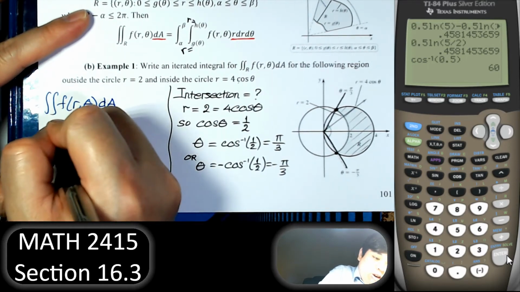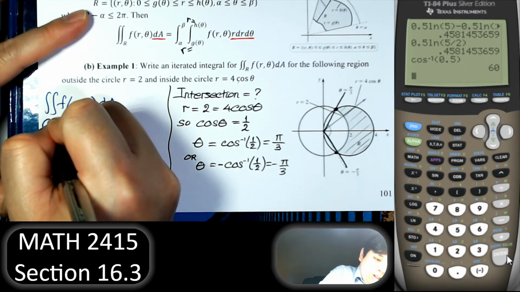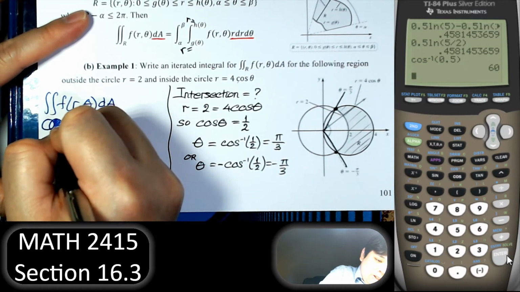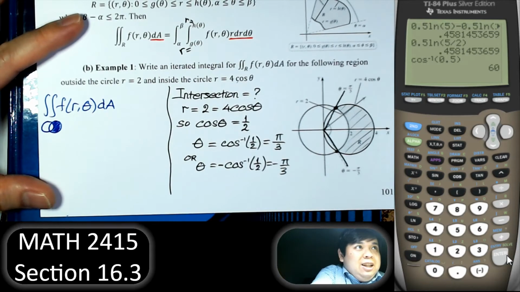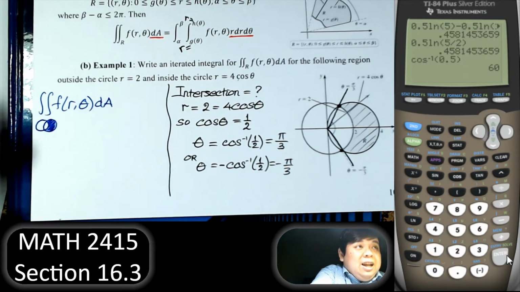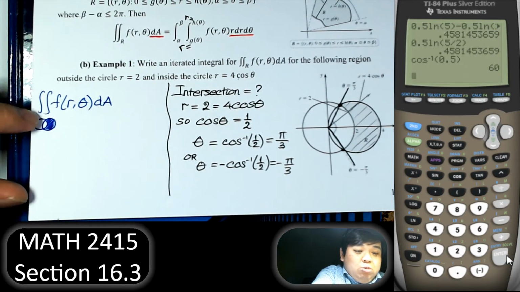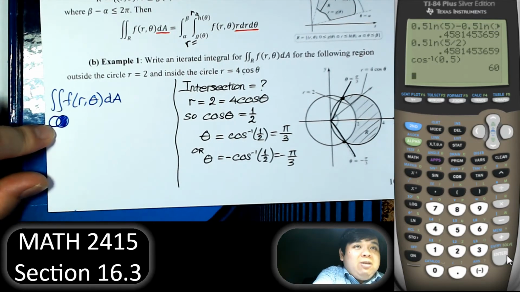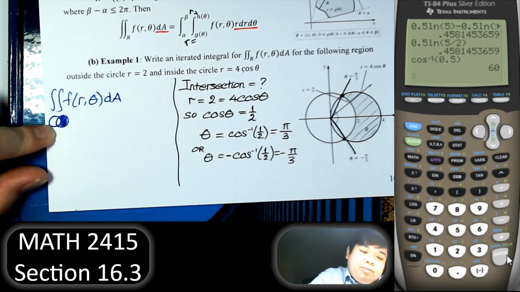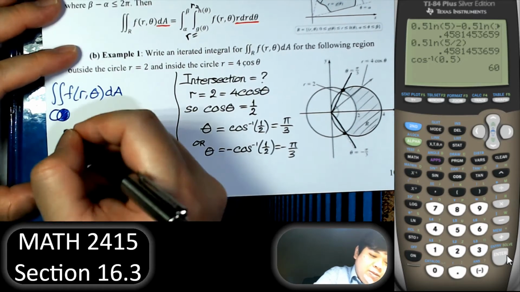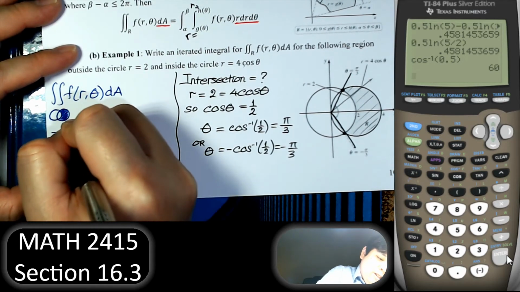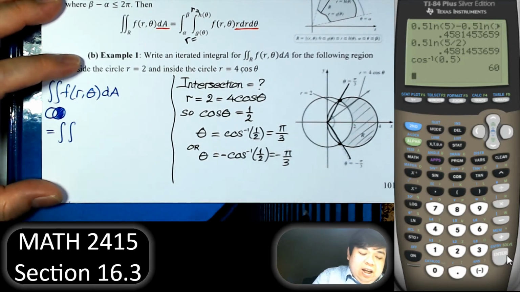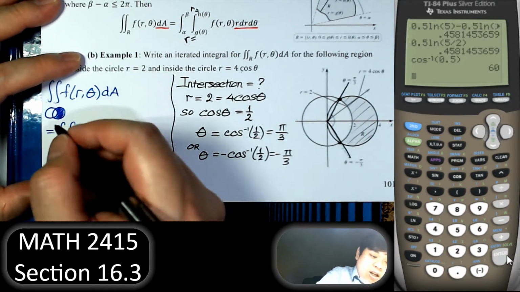And once again I prefer drawing. If you don't want to set up the limit in terms of x and y, just draw the graph. Always use r. Right. Now, we do know that dA is r dr d theta.